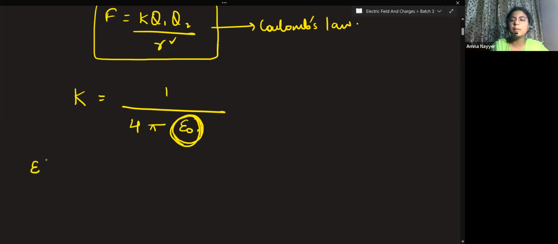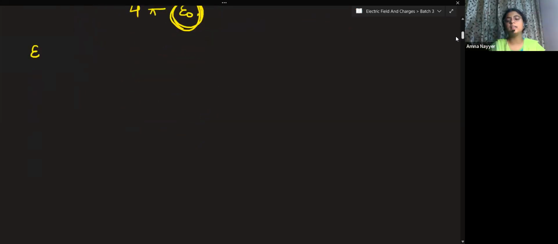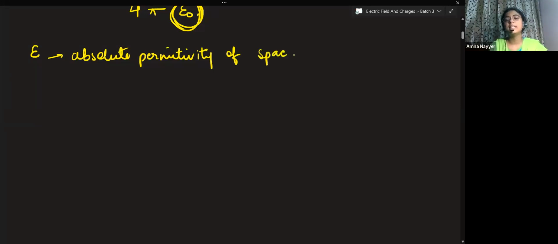This symbol is known as epsilon. It is the absolute permittivity of space. This quantity governs the relationship between force and the medium.